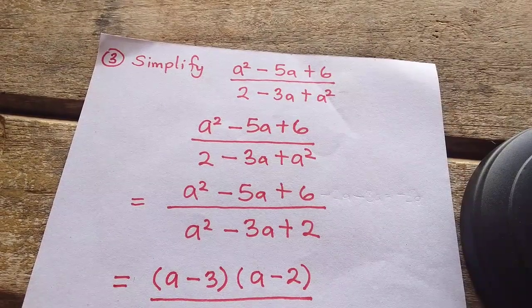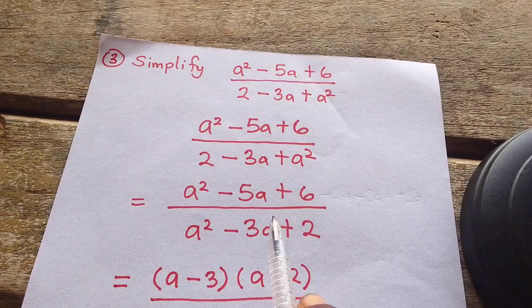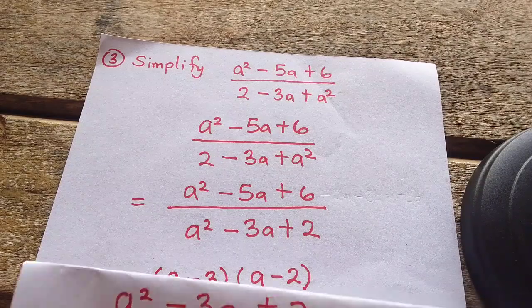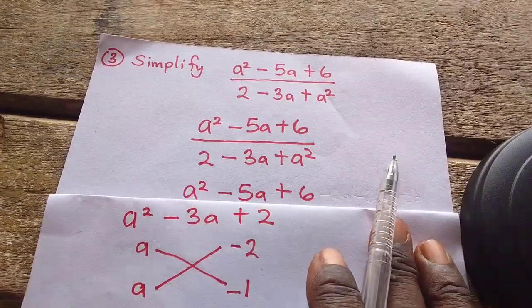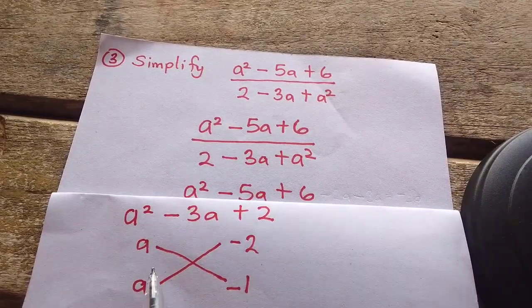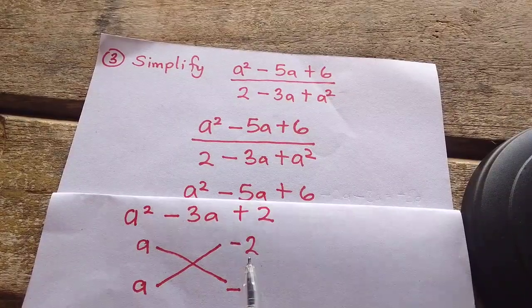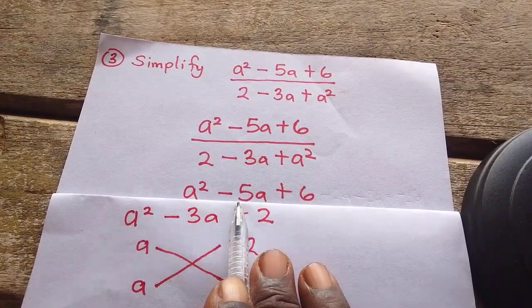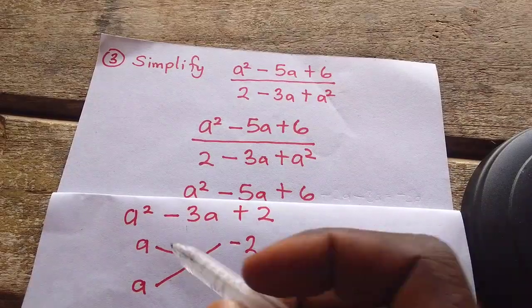Also for the denominator you are going to factorize a squared minus 3a plus 2. What will give us a squared? A times a will give us a squared, plus 2, that is minus 2 times minus 1. Minus times minus is plus, 2 times 1 is 2. So let's check if it gives us what is in the middle.